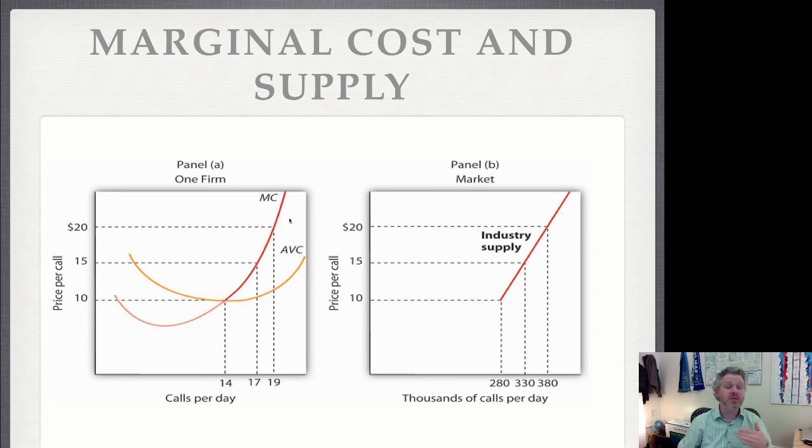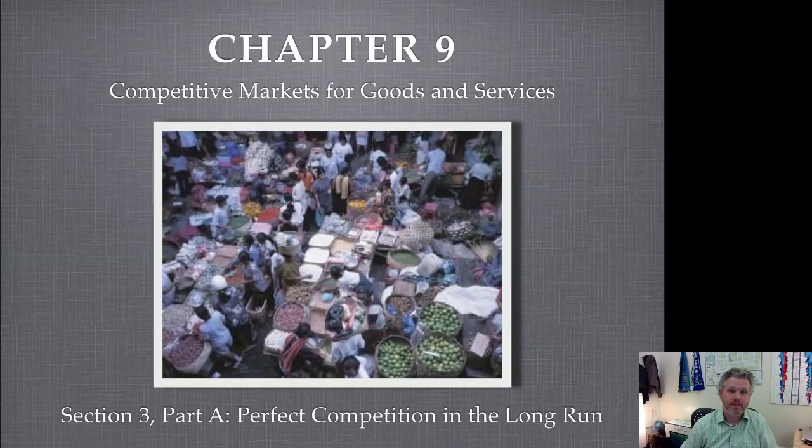And actually, this is where the industry supply curve comes from. Remember, every firm is identical. So you just take all of the firms' individual supply curves and you just add them all up. Firm 1 supplies so much, firm 2 supplies so much at this price, firm 3 would supply so much at this price, and so that's where the industry supply curve comes from.